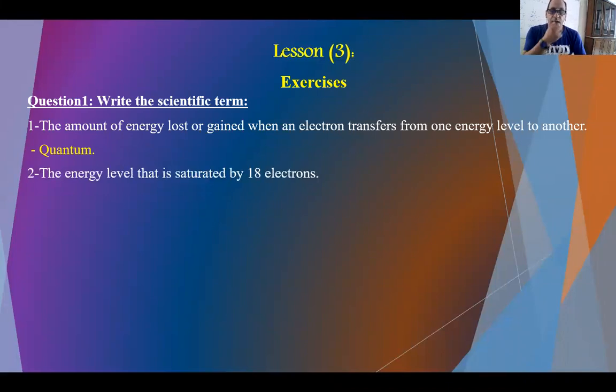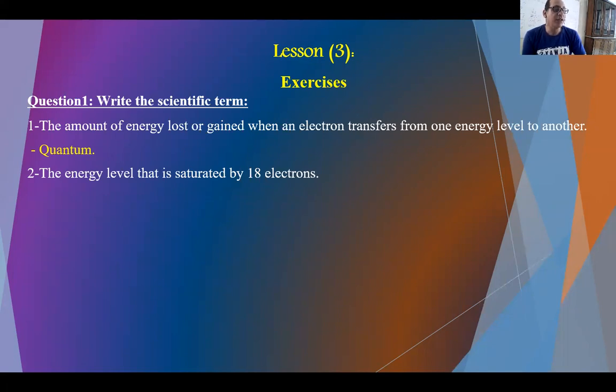Number 2, the energy level that is saturated with 18 electrons. We have the rule 2n squared, where n means the number of the energy level. So n must equal 3 to satisfy 18, so the result is going to be 18.